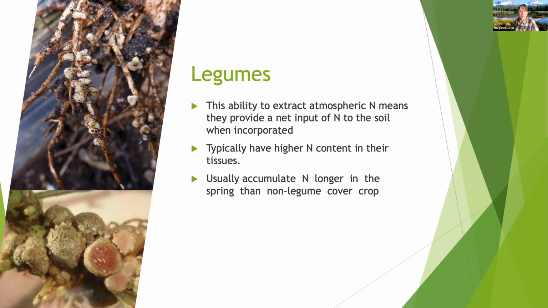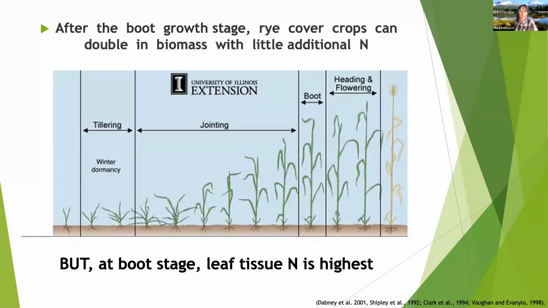So think about the timing and which scenario best fits into your planting windows, and whether you want a crop that accumulates biomass earlier in the season or later in the season. These can be selected based on the crop species.